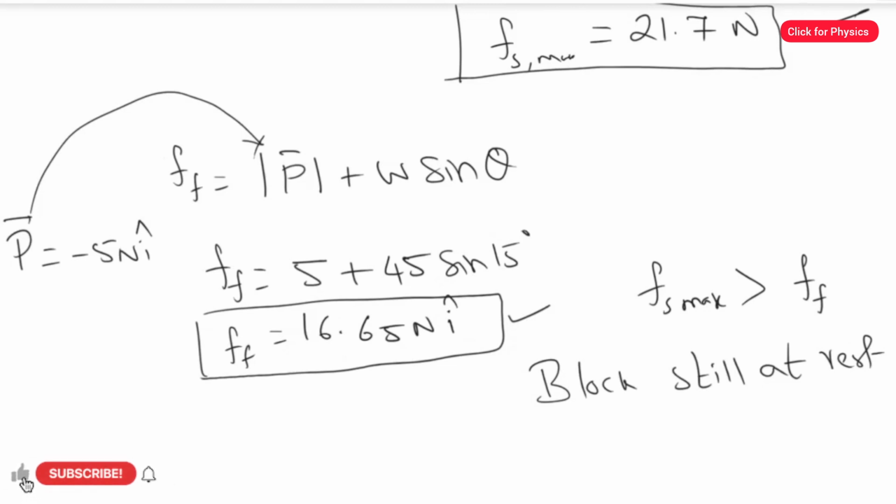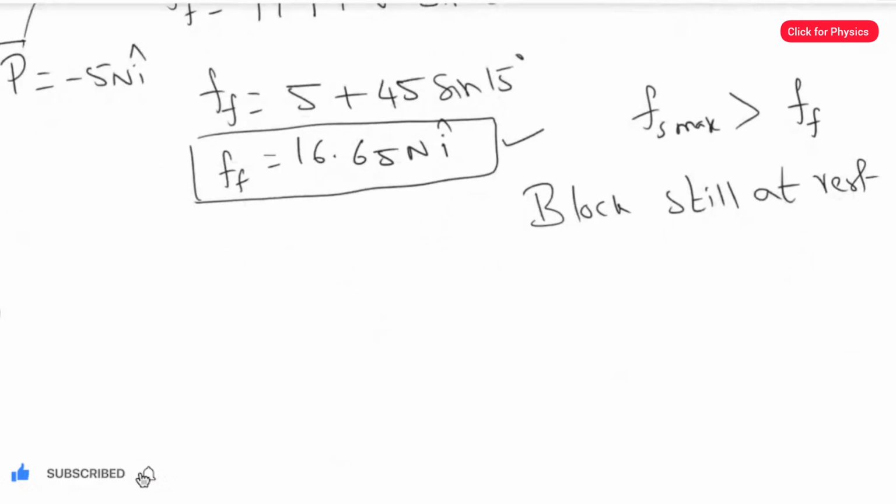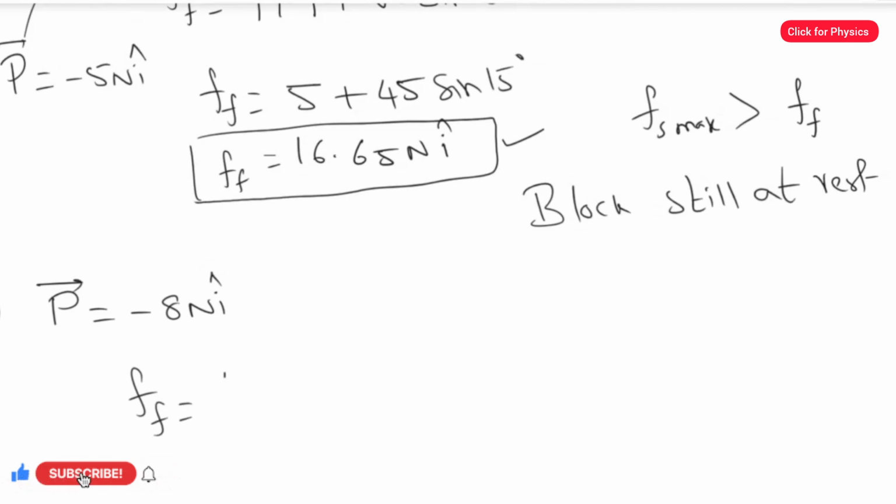Okay, now let's go for the second value of P. The second value of P is minus 8 Newton, which is already given in the question. So I take P as minus 8 Newton I cap, and again substitute the value in the second equation, which is F equal to the magnitude of P plus W sine theta.